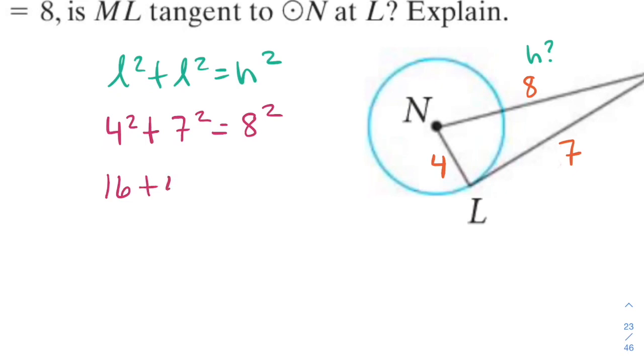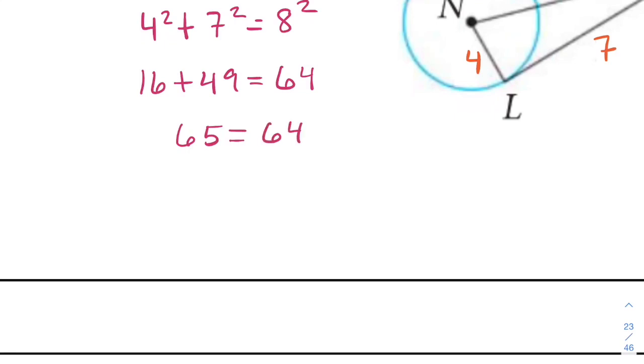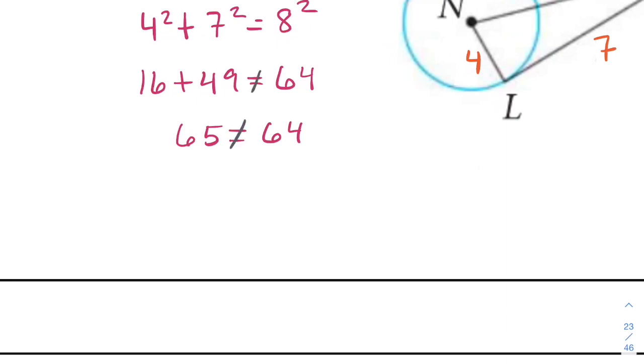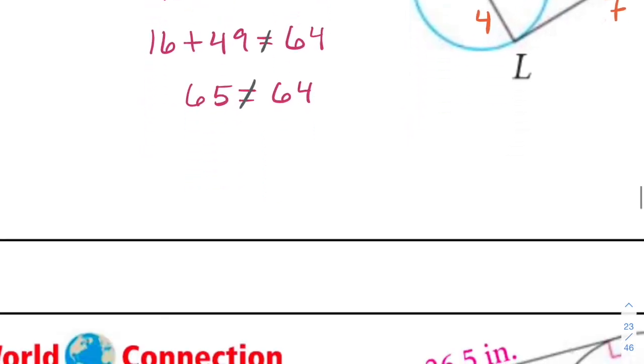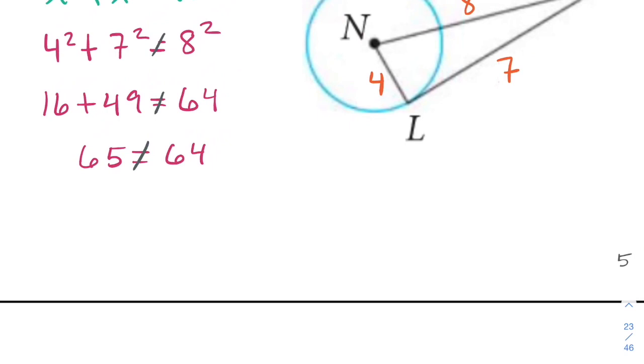16 plus 49 equals 64. 16 plus 49, so 40, 50, 65 equals 64. That is not true. So 65 is greater than 64. This is actually an acute triangle.